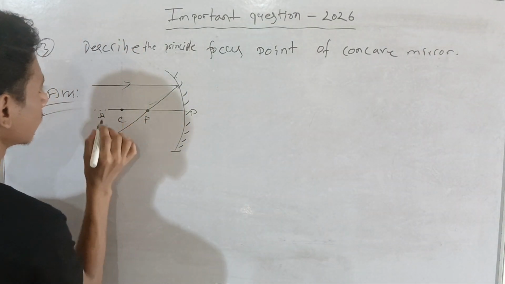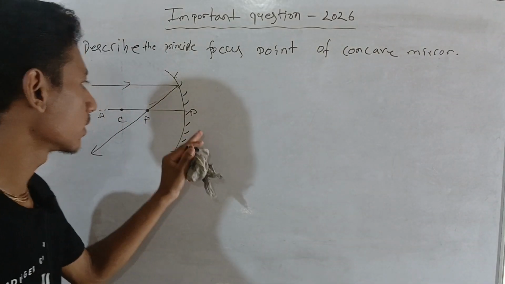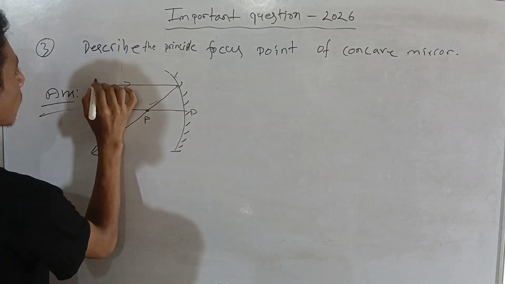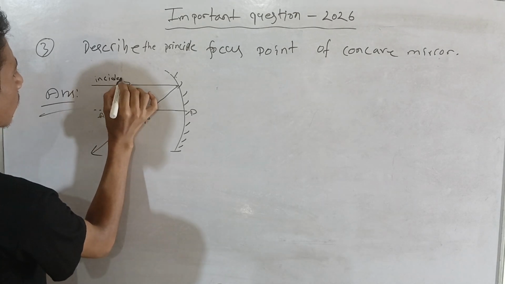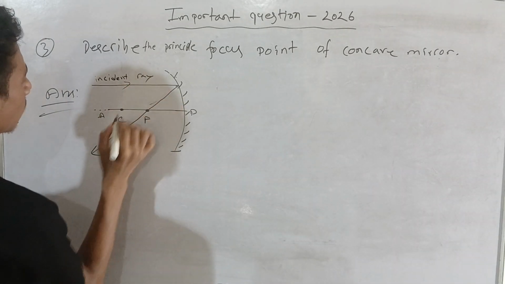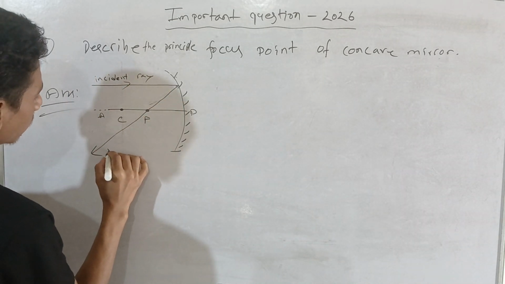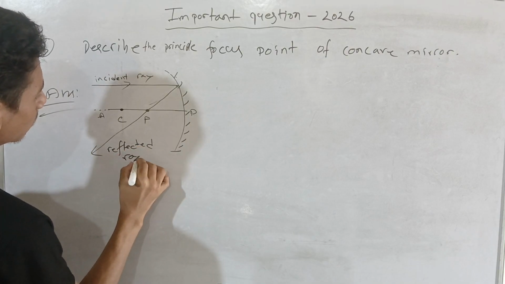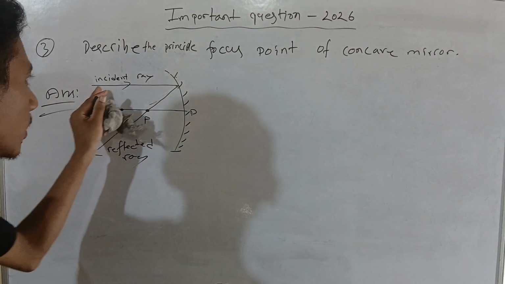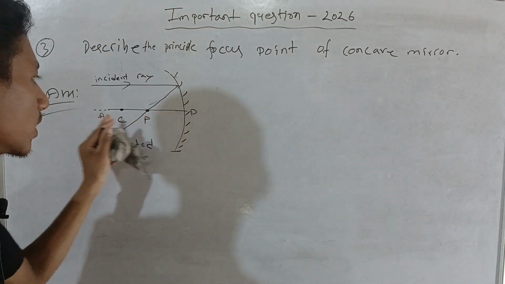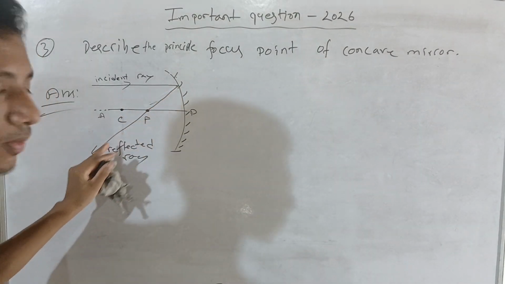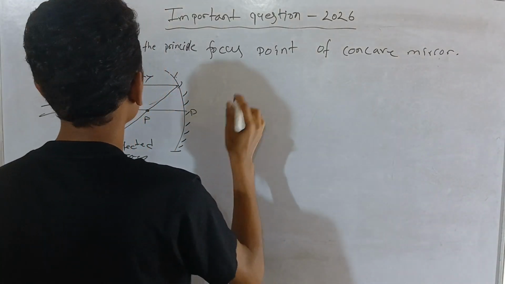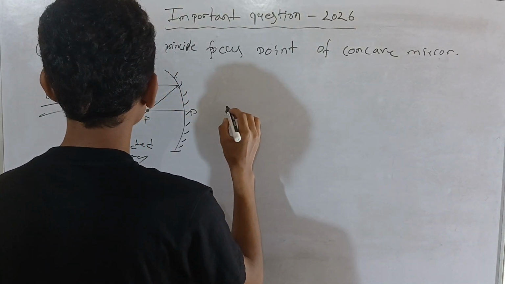The line PA is the principal axis, P is the pole. This is the incident ray. This is the reflected ray. If the incident ray is parallel to the principal axis, then the reflected ray always passes through the focus point.